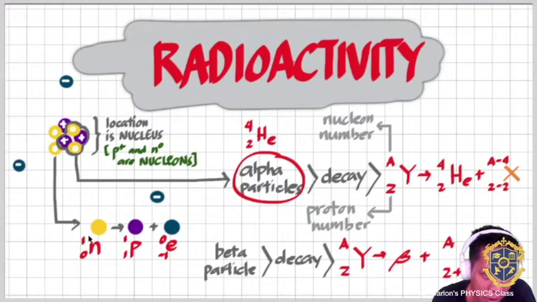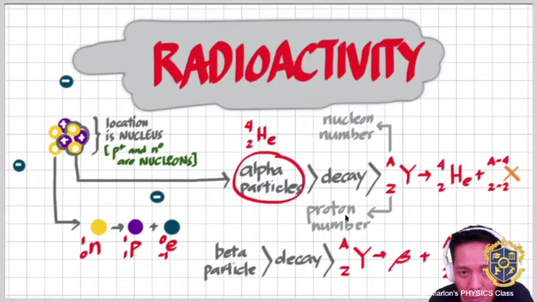Why? Because the neutron is gone, but it was turned into a proton and a beta particle. So it's going to be like A minus 1 neutron, but you have to add 1 proton again. The effects just cancel each other, so this remains the same, the same nucleon number or mass number.